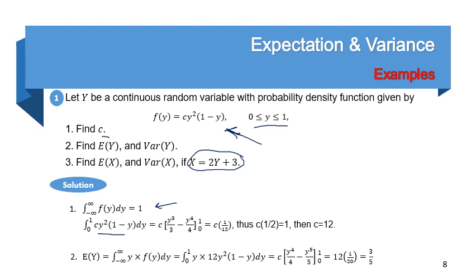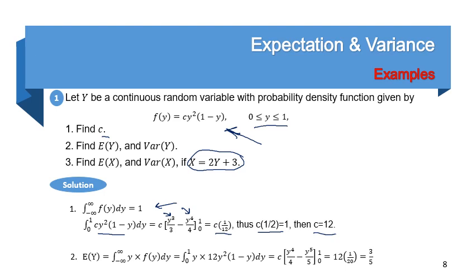For example, when you multiply y squared by 1, it will be y squared. Then when you integrate it, it will be y cubed over 3, as you see here. When you multiply y squared by y, it will be y cubed. Then when you integrate it, it will be y to the power 4 over 4. Then you substitute by 1 minus you substitute by 0, you get this answer equated with 1, so you get your c equal to 12. This finishes requirement number 1, which was to calculate the constant.